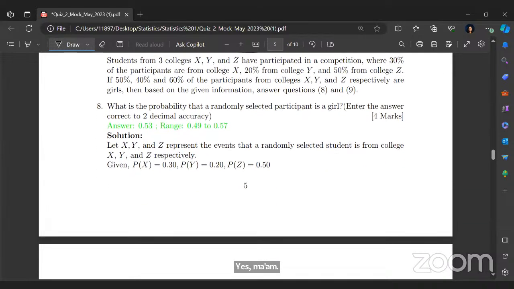This is the information. It says students from 3 colleges have participated in a competition.